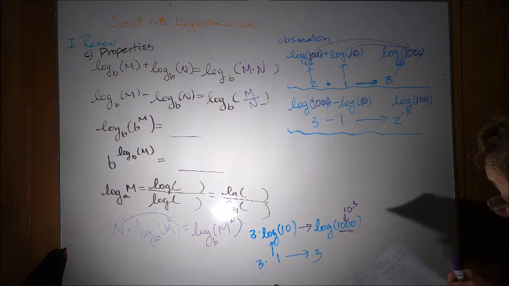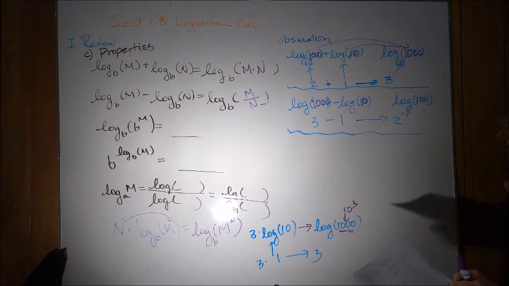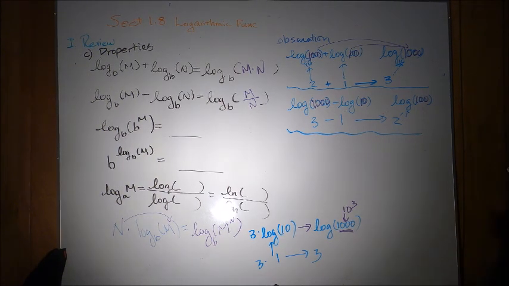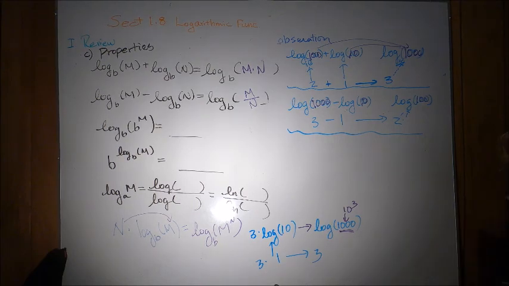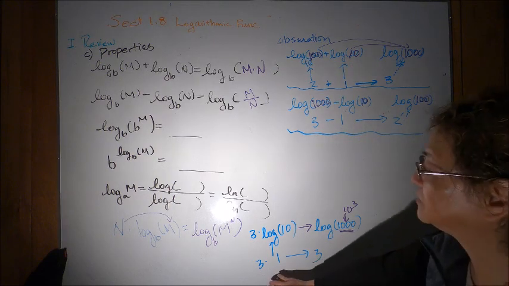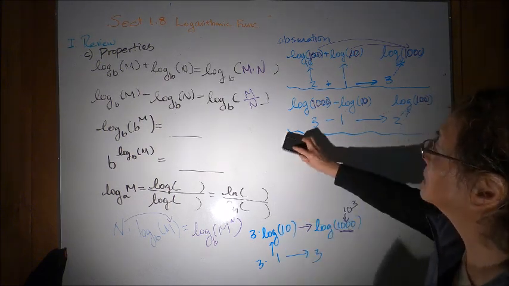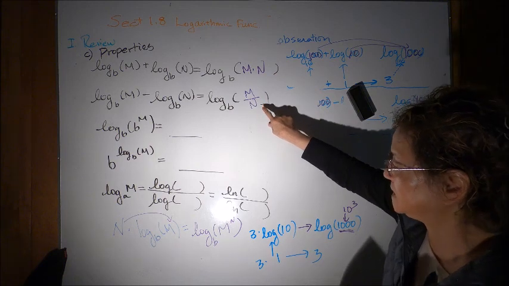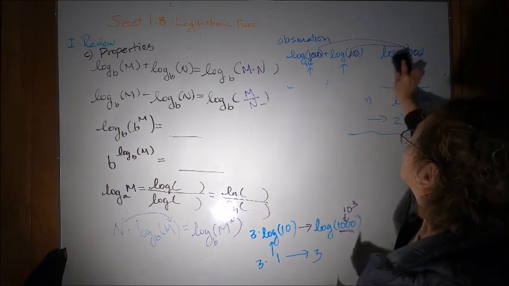Okay, then let's take a look at some examples first for those 3 properties we talked about. All right, those product property, quotient property, and power properties.